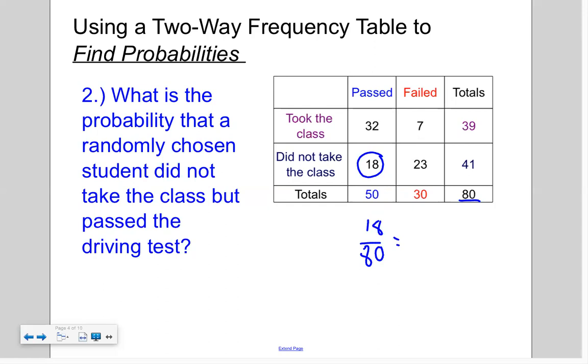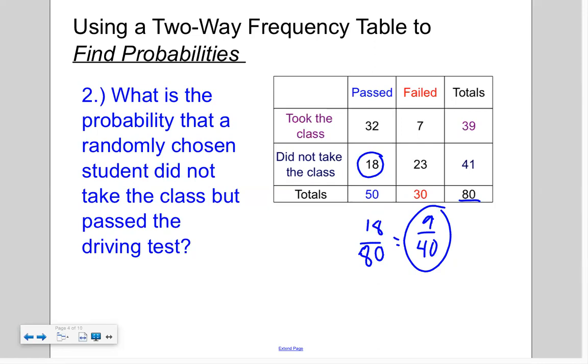The smaller numbers are usually easier to work with if you're going to use them later, and I think they're just easier to comprehend. It's 9 over 40.